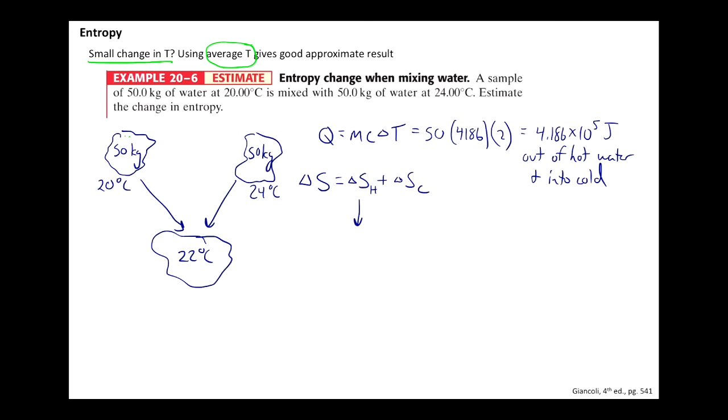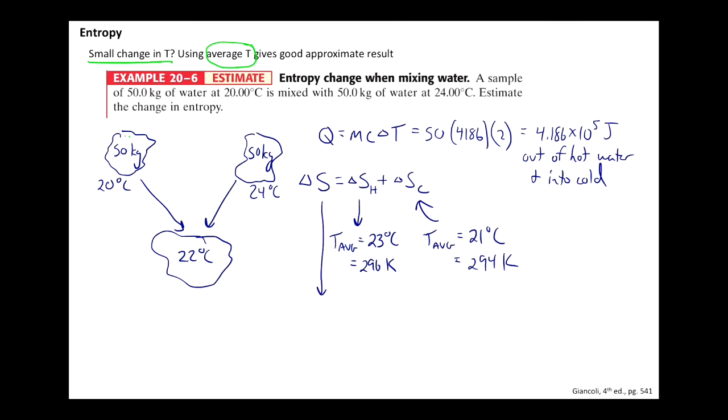In the case of the hot water going to the intermediate temperature, we're going between 24 and 22 degrees Celsius, so we could say that our average temperature here, T average, is 23 degrees Celsius, or 296 Kelvin, roughly. And our average temperature over here is 21 degrees Celsius, or 294 Kelvin. So you're looking at the average temperature for that particular change in entropy, for that process. Good so far, right? Nothing terribly difficult there, I don't think.